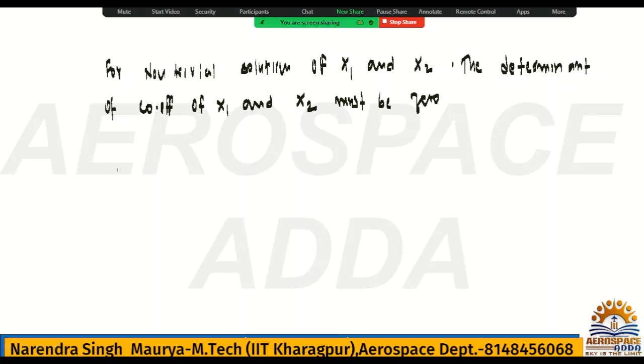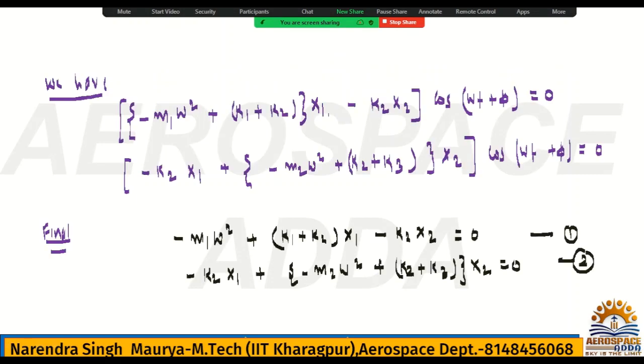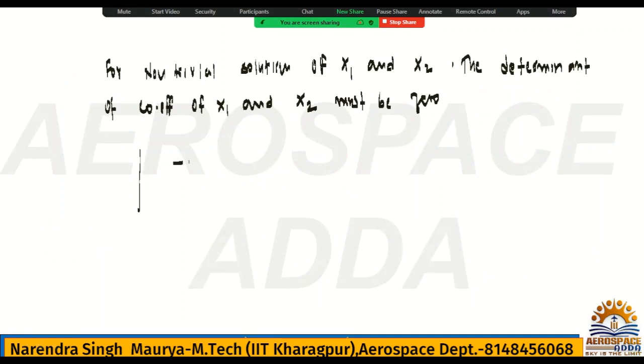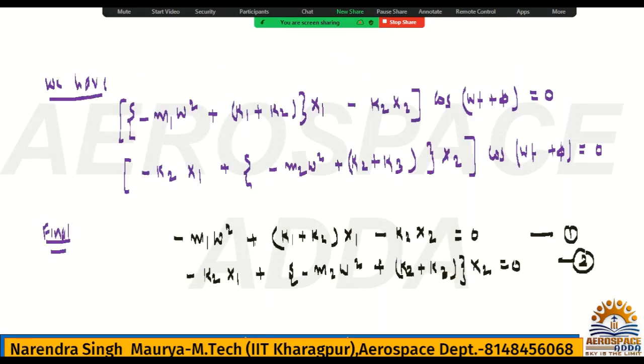So take the determinant of this coefficient matrix. What is that determinant? Check. Minus m1 omega square, x1, is nothing but here, see, this was the bracket, wait, check here, this was the bracket inside the bracket.